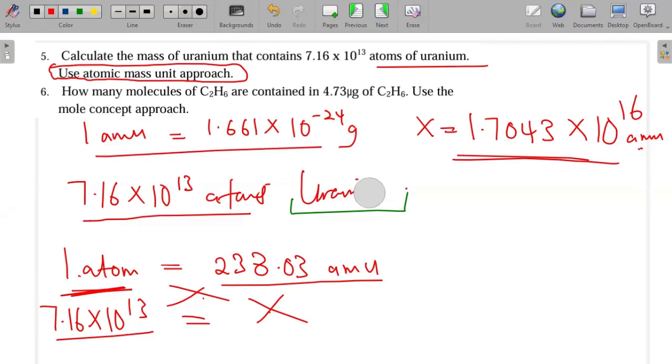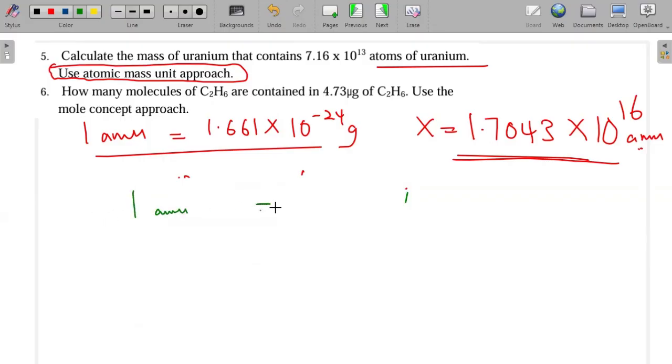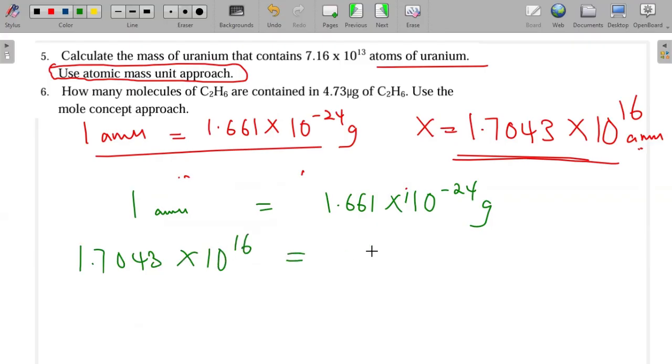Okay, so the mass, we're going to say one atomic mass unit has the mass 1.661 times 10 to the power minus 24 grams. What about if I have 1.7043 times 10 to the power 16? Okay, what will be my mass?